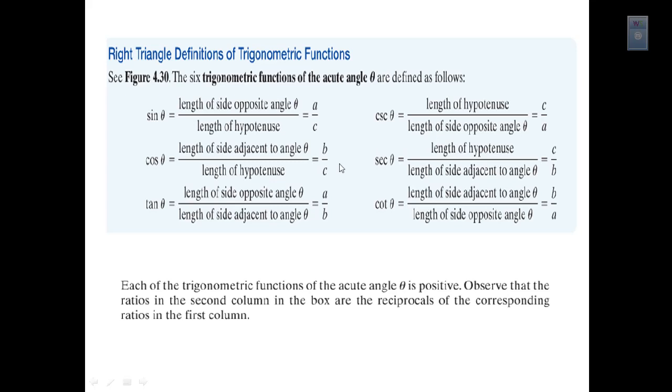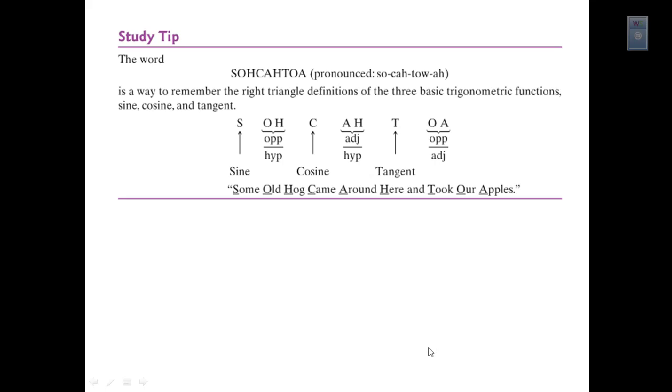Now, each of these trigonometric functions of the acute angle theta is positive. Observe that the ratios in the second column are nothing more than the reciprocals of the first one. And here's a little way to remember it, the first column, if you need to.